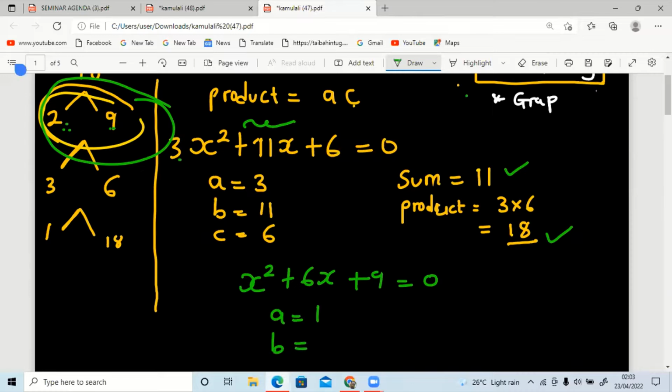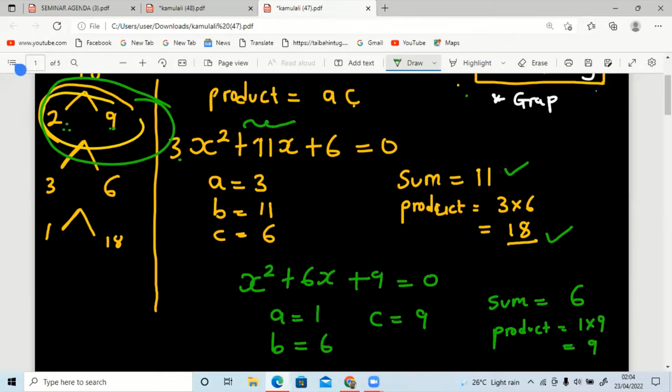Then the coefficient of b is what? 6. Then the coefficient of c is what? 9. So what is our sum? 6. And then what is the product? 9. But are you noticing that still you multiply a times c? So when you multiply 1 times 9, you end up with 9.